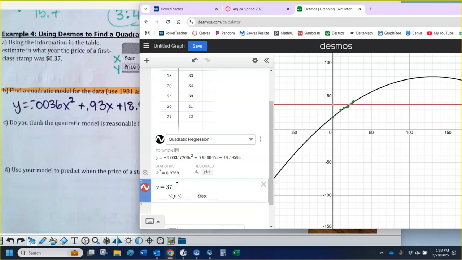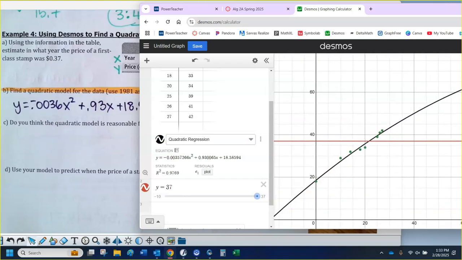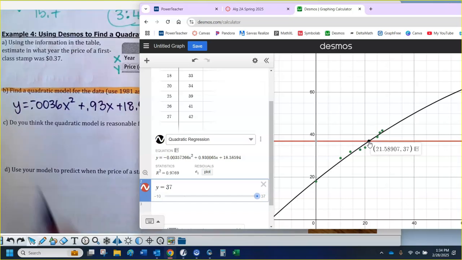So I'm saying, when would the price of the stamp be 37 cents? And then we can just go to the graph and see where it crosses our lovely model here. So I'm going to blow this up a little bit. If you click on it, it should snap to the point, like there'll be a little gray point, and it will tell you, here's the exact point where the y value is 37 cents.